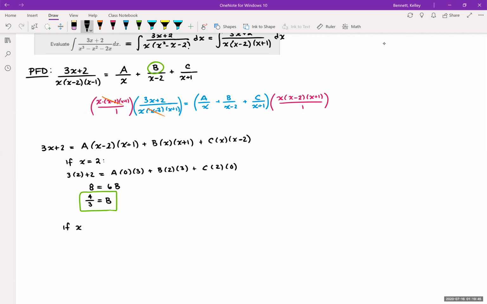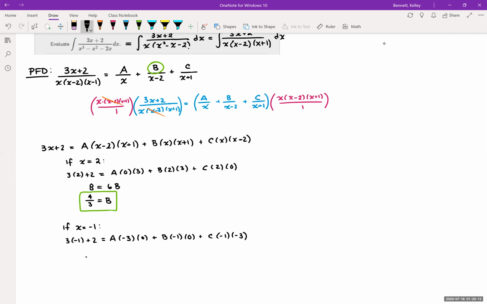So if x equals -1, then I get 3 times -1 plus 2 equals a times -3 times 0 plus b times -1 times 0 plus c times -1 times -3.